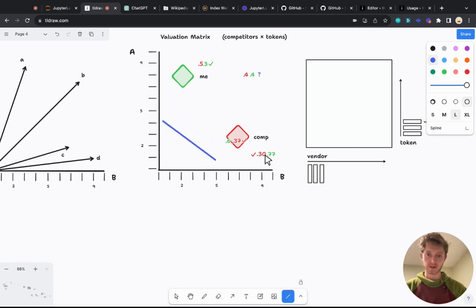I don't know exactly what that shape looks like, but maybe it's a curve.